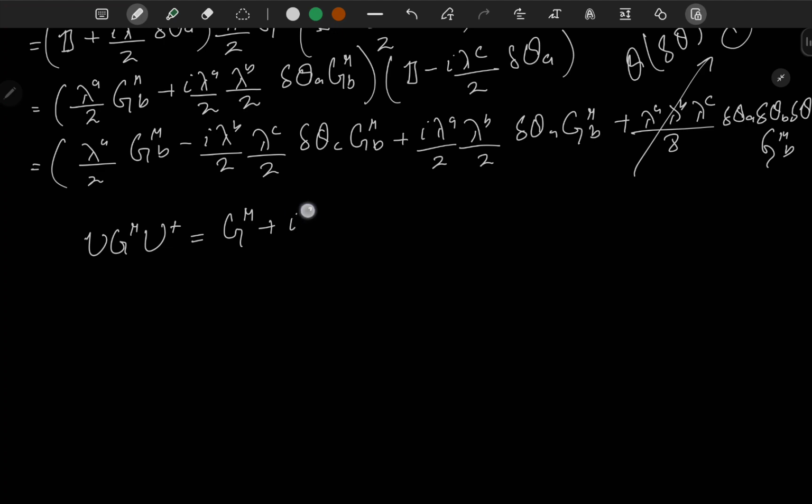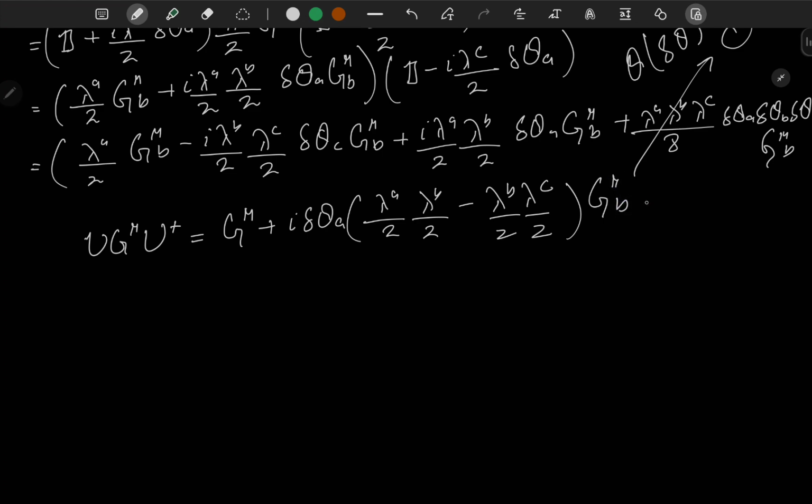g mu plus iota delta thetas of A delta A divided by 2 lambda A divided by 2 lambda B divided by 2 minus lambda B lambda C into g mu of B, and this is a commutation relationship which can be written as commutation between lambda a divided by 2 lambda b divided by 2 of g mu b.